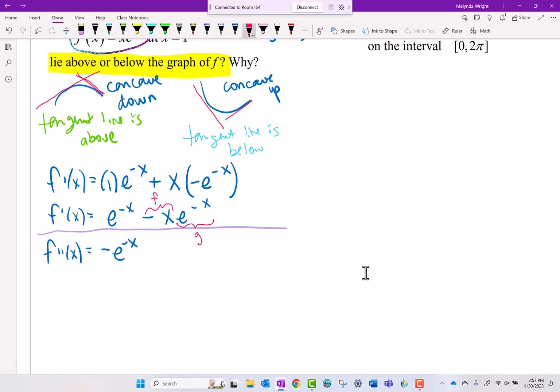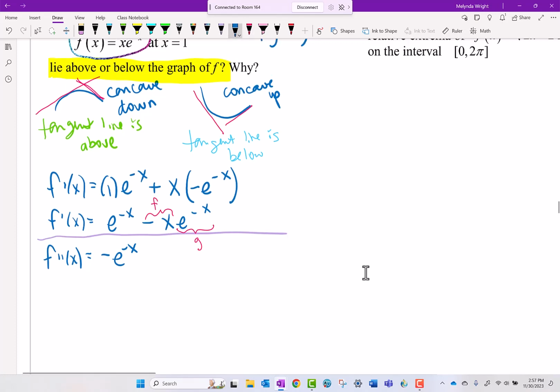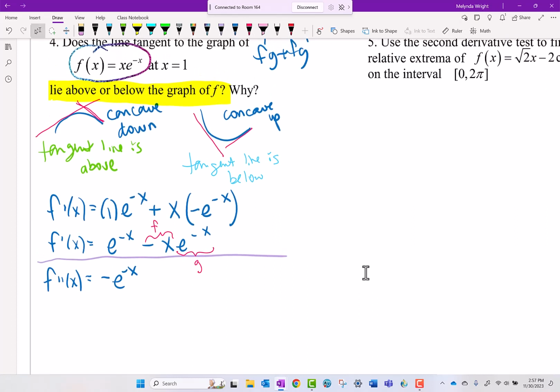You can do it differently if you want, but that's what I would prefer. So the derivative of f, the derivative of negative x, is negative 1, copy paste g, plus copy paste f. The derivative of e to the negative x, which we've already done twice before, is negative e to the negative x.